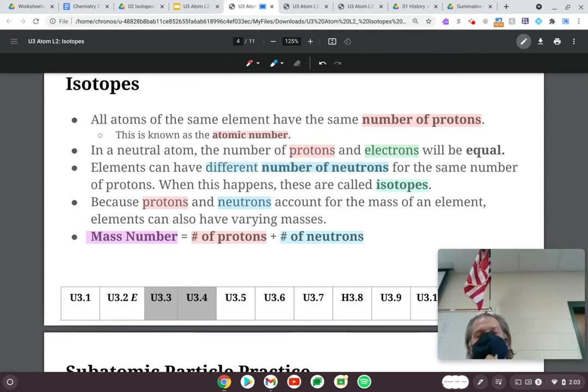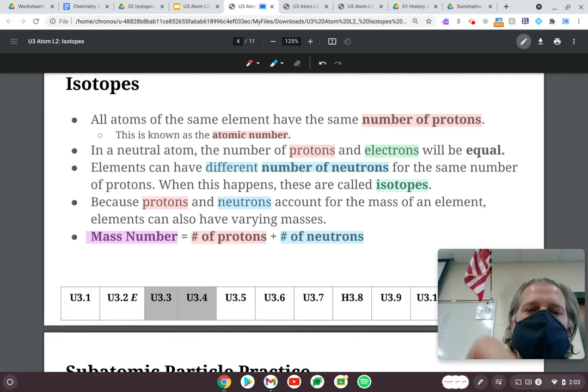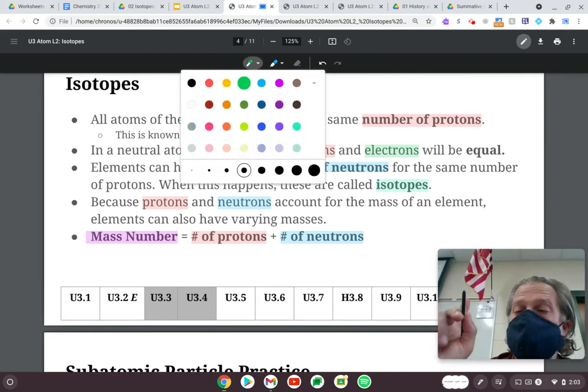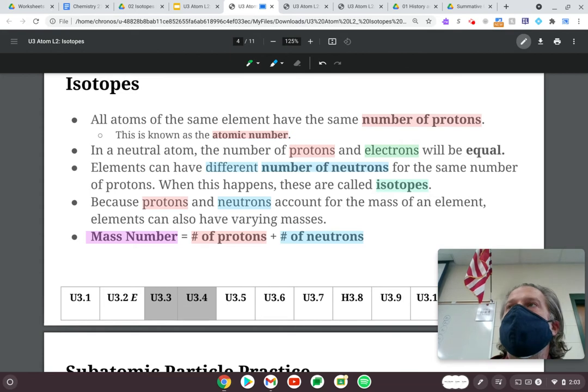Why are electrons not part of the overall mass of the atom? What did we learn about yesterday? Small. Electrons are small, and their mass is negligible.